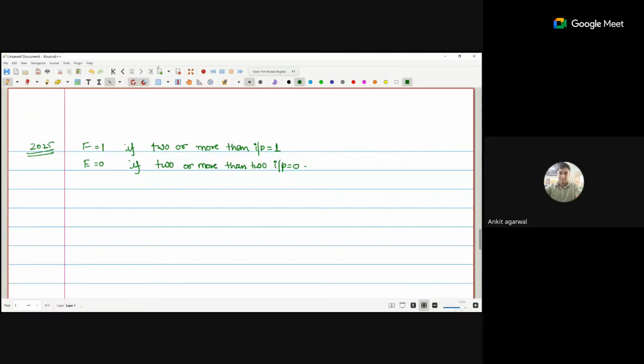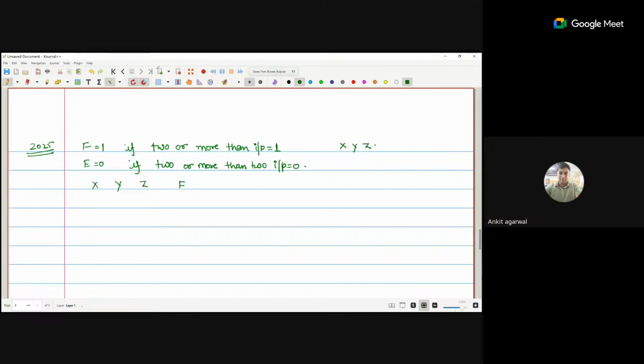So we assume 3 inputs, X, Y, Z, and output F.